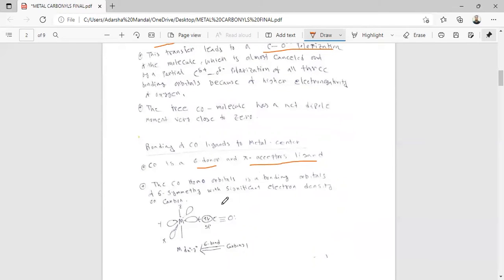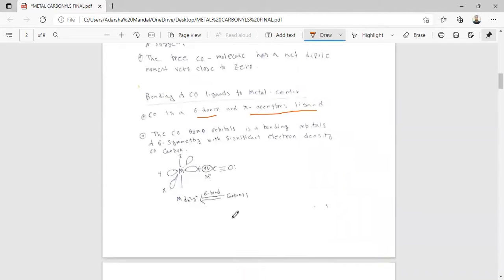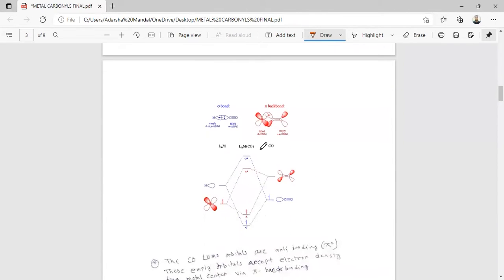This is the MO diagram for this metal carbonyl bond formation. Here is the HOMO of carbonyl and the LUMO of carbonyl. There is donation of the lone pair to the metal's vacant d orbital, and there is electron donation from the filled metal orbital to the LUMO of the carbonyl.